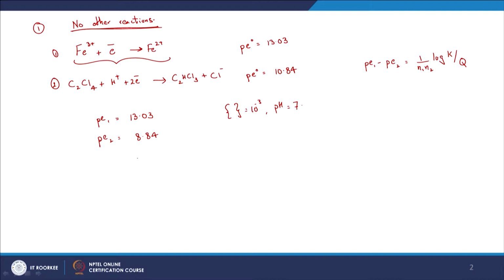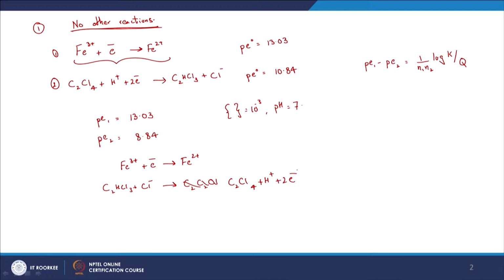That the first half reaction is going to proceed as reduction, or Fe3+ is going to be reduced to Fe2+, right? And because PE2 is less than PE1, we are going to have to swap that half reaction, so C2HCl3 plus Cl minus would have to proceed as being oxidized to C2Cl4 plus H plus 2 electrons, right?